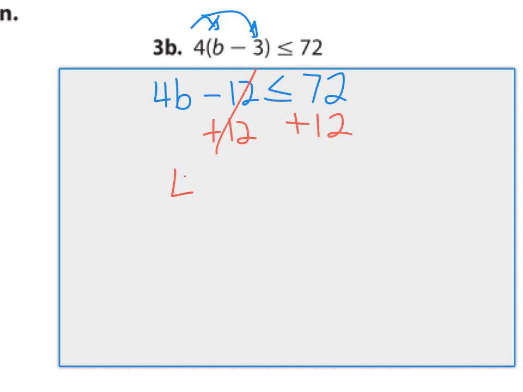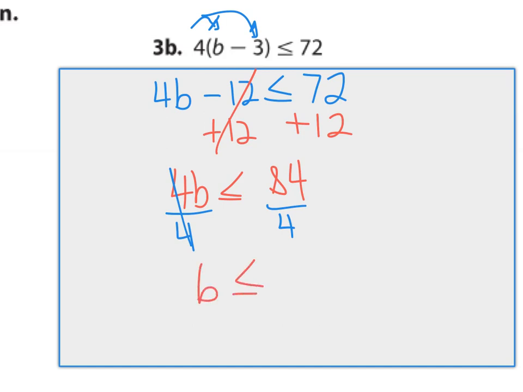The 12s are gone, so I'm left with 4b is less than or equal to 84, right? Yeah, 84. Now let's remove the 4 by using division property of equality. And when I do so, the 4s are gone. I am left with b is less than or equal to 21.